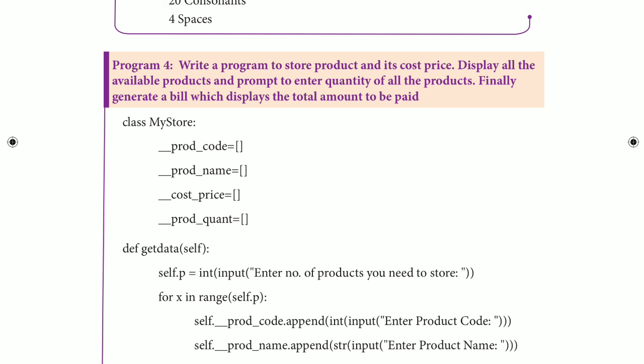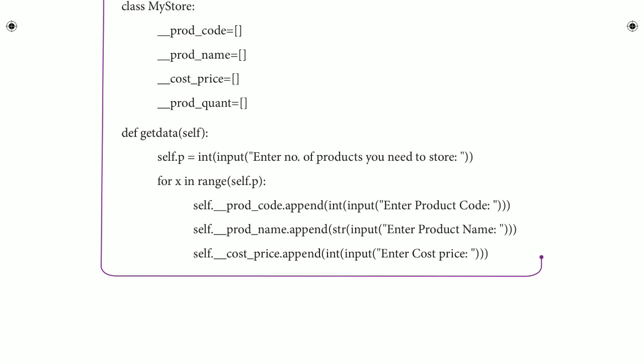So you have product code, product name, product price, and product quantity. Get data will get the data from the user: which product code, which product name, and the price and the quantity. Everything will be received from this get data function.